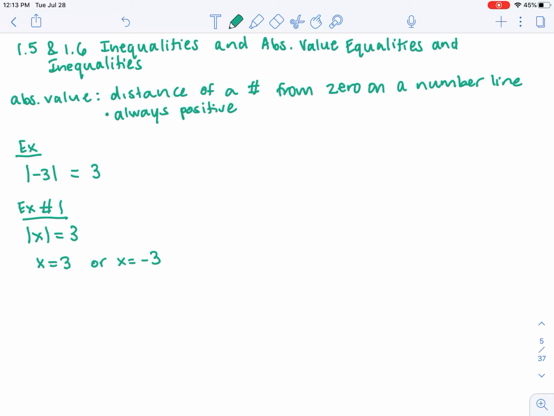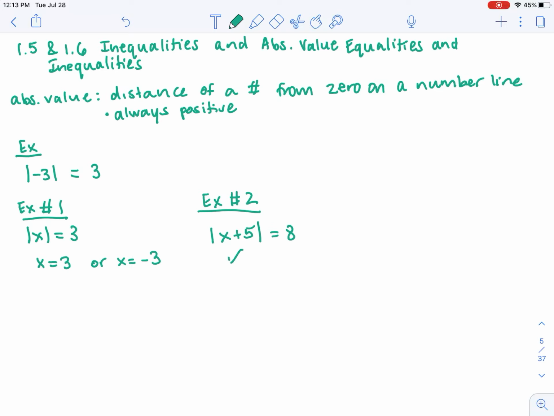And so anytime we're looking at any absolute value equation, we have that the absolute value of an expression is equal to, let's say, a number. So we want to know in this case, if I add 5 to a number, what number then would be 8 units away from 0?